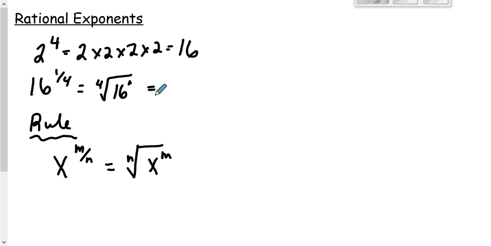Okay, what that means is you're trying to think of a number, and that number is going to get multiplied by itself 4 times, because we have a little 4 in the front. And whatever this number is, when you multiply it by itself 4 times, the whole thing has to be equal to 16.